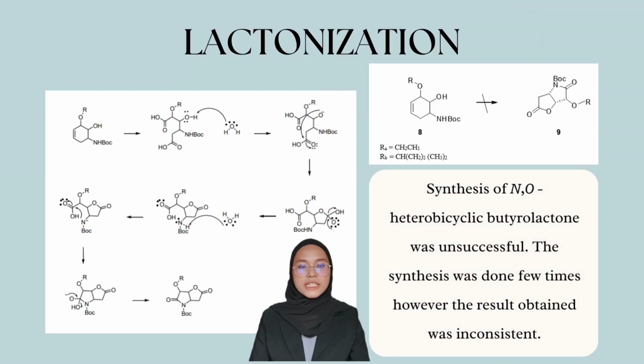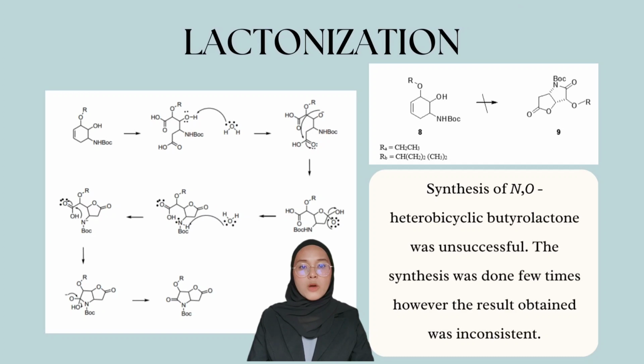Lastly, for the lactonization reaction, this is the mechanism of this reaction. Ruthenium chloride trihydrate will cleave the double bond of compound 8 to produce a dicarboxylic acid, after which lactonization occurs to form a 5-membered ring of derivative lactone-lactam.